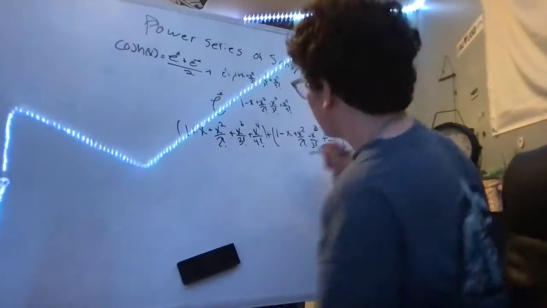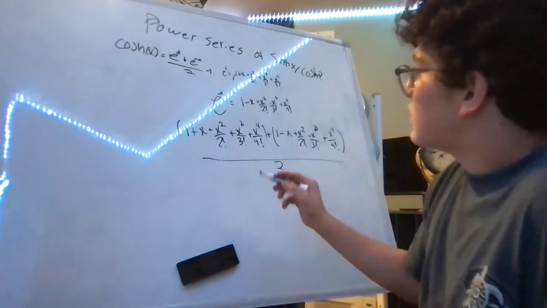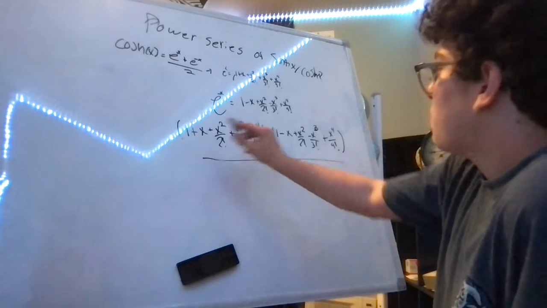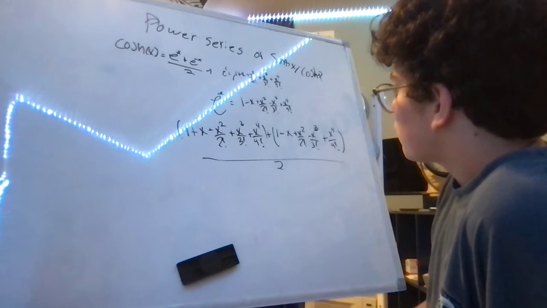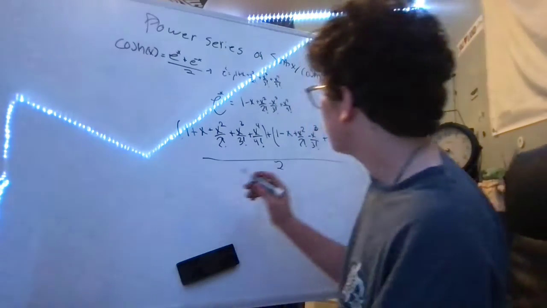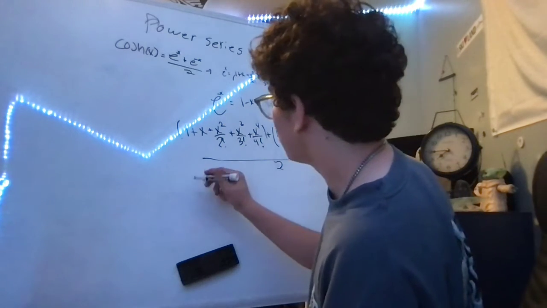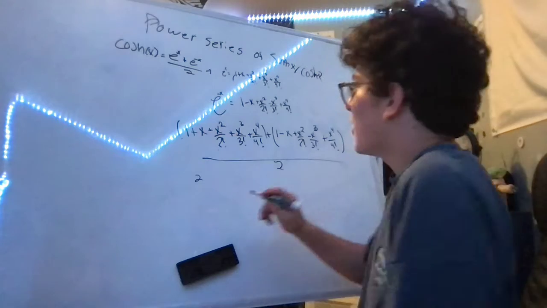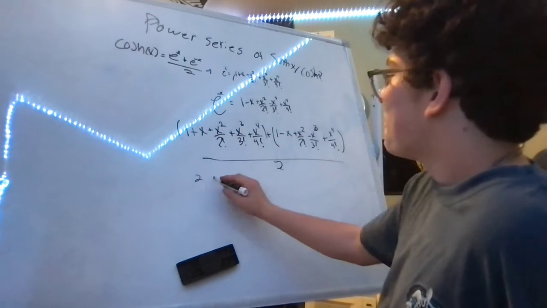And when we add these together, we're going to be dividing all this by 2. We can see that our 1s, 1 plus 1, is going to be 2.